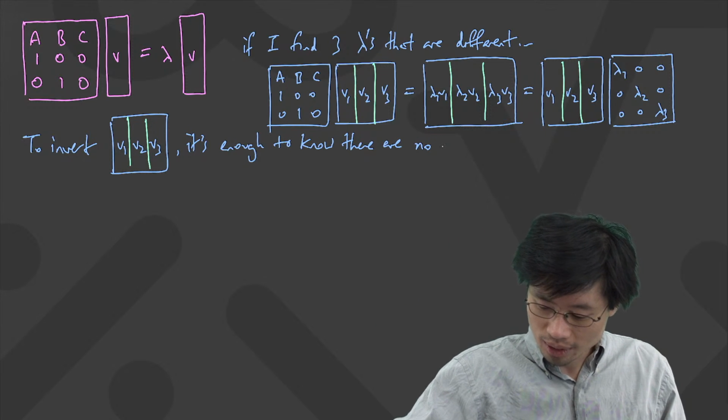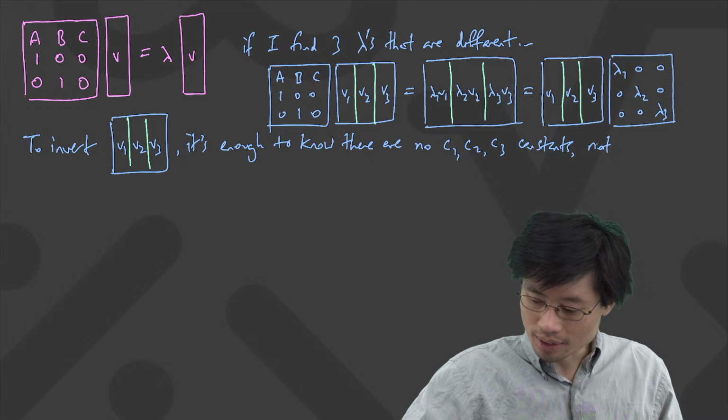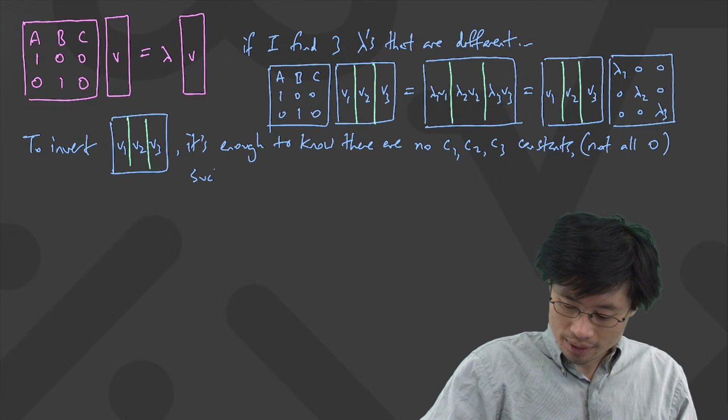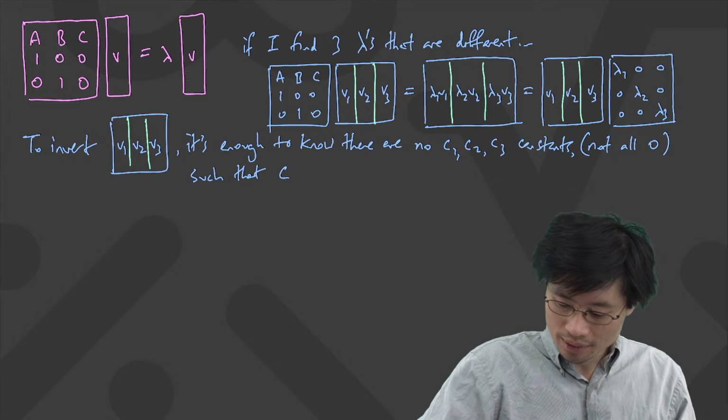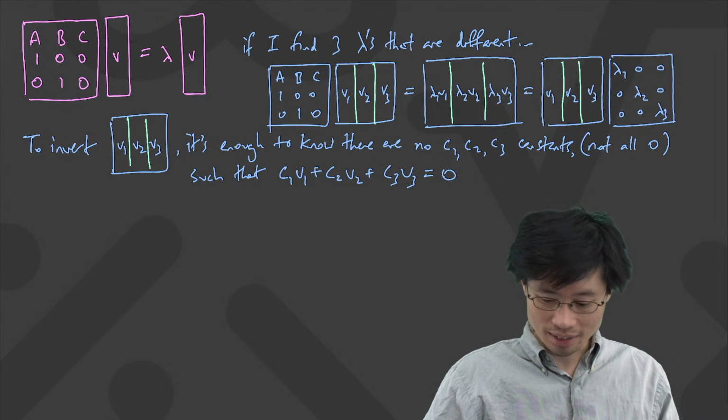So there's no, let's give these some names, C1, C2, C3 constants, not all zero, such that C1 V1 plus C2 V2 plus C3 V3 is equal to 0. And these are as vectors.